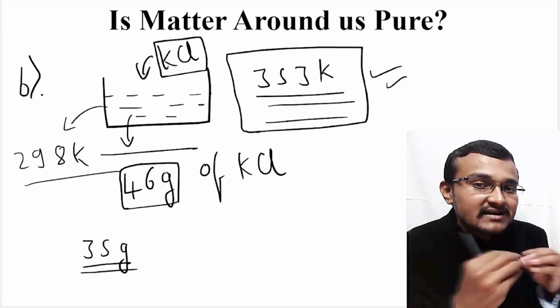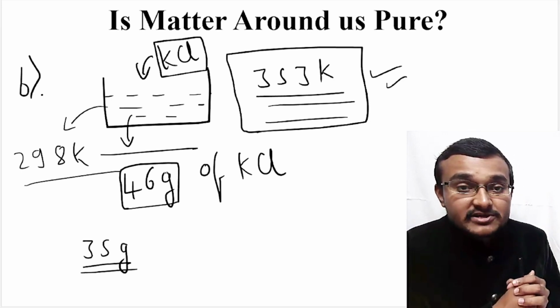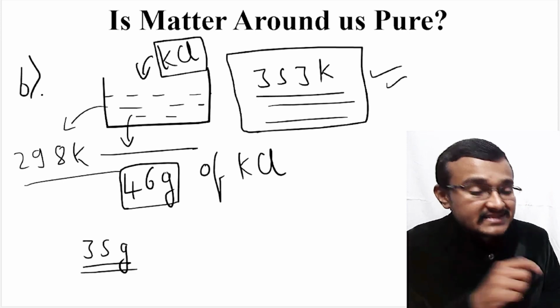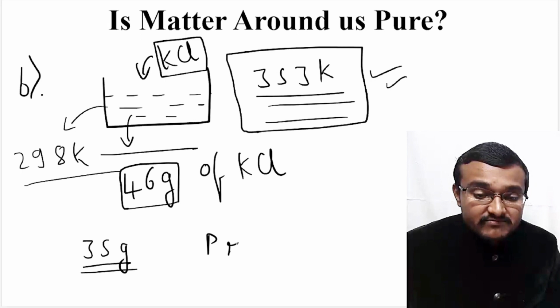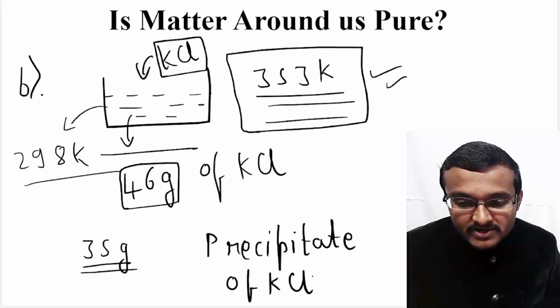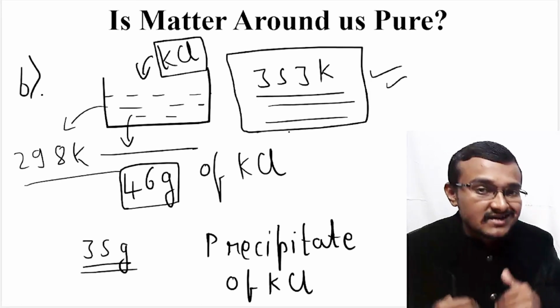It will come back as a precipitate. This is the observation that the student will make in this question. So there will be a precipitate of KCl. A precipitate of KCl will be formed when the temperature is reduced.